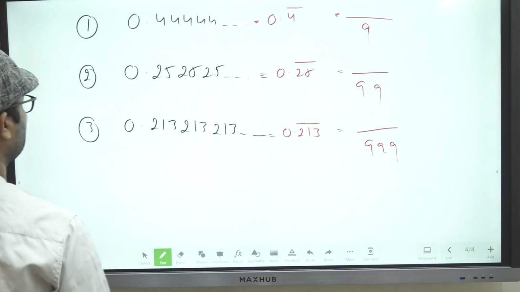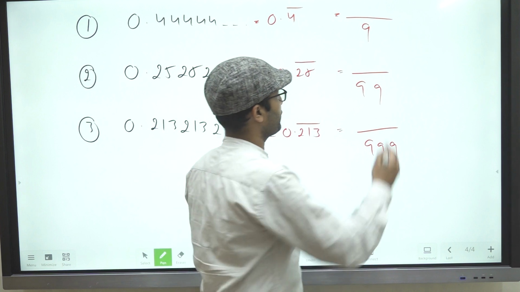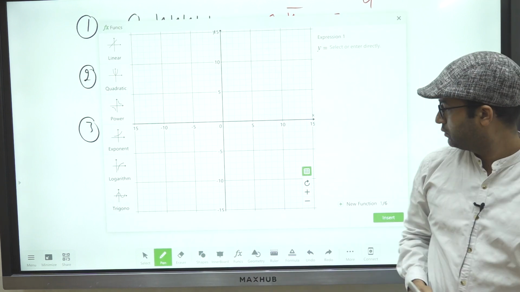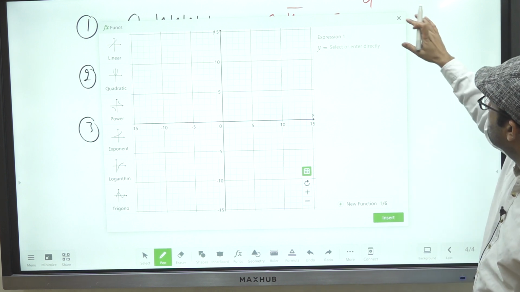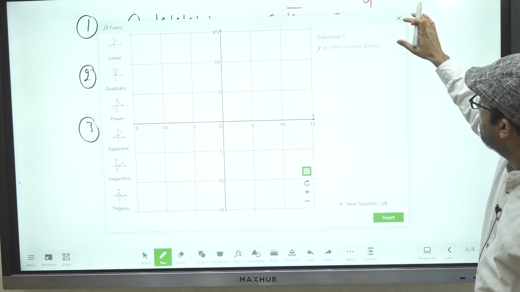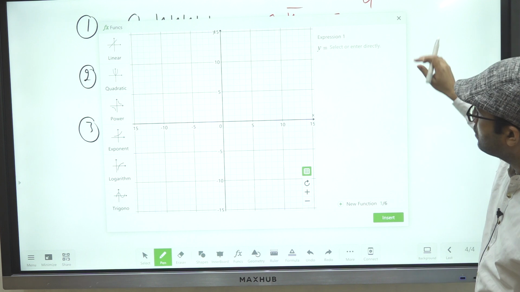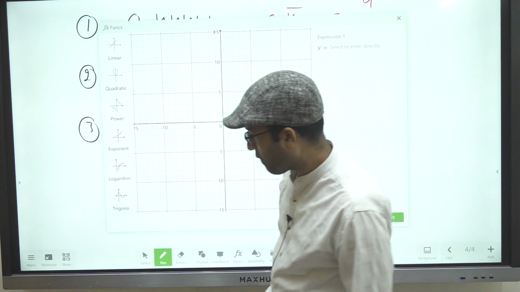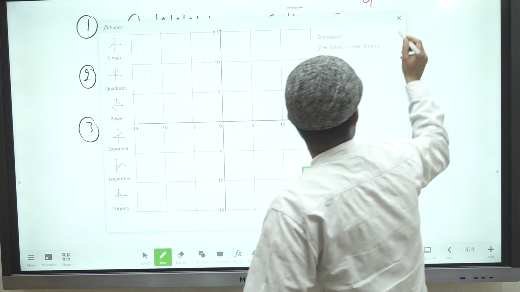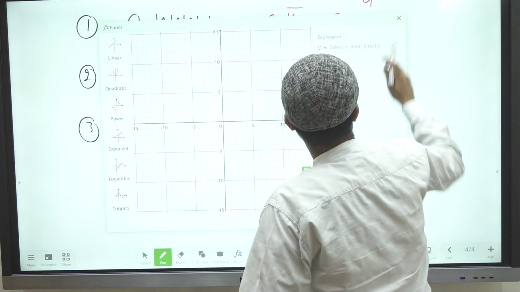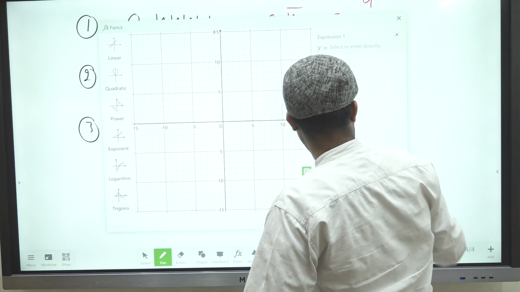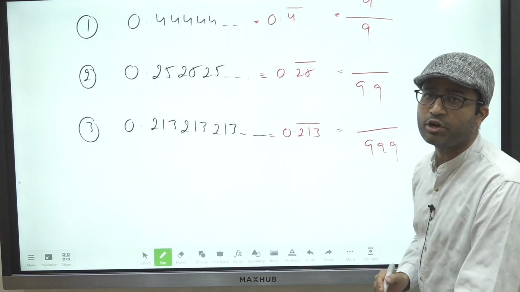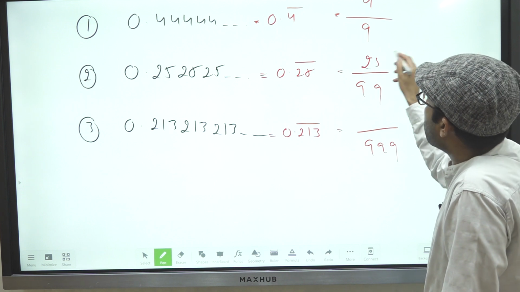Now here first question, it is 4, so it is 4 by 9. Second question, it is 25, so numerator is 25 by 99.